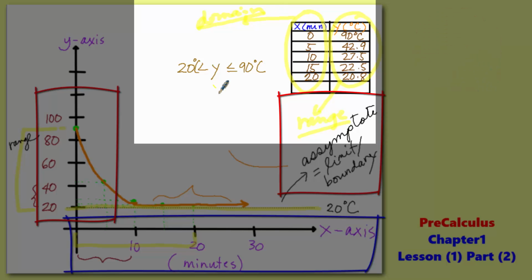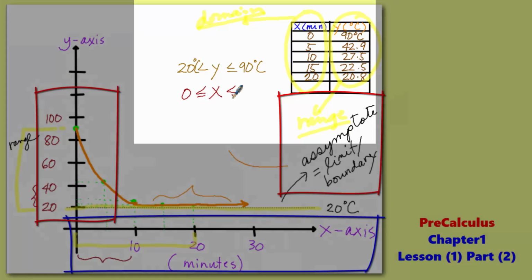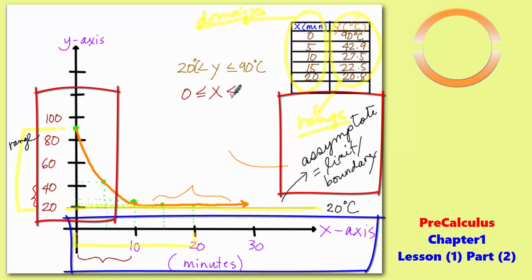Our domain is x. It is x greater than or equal to 0, and less than or equal to 20 because of the table in there.